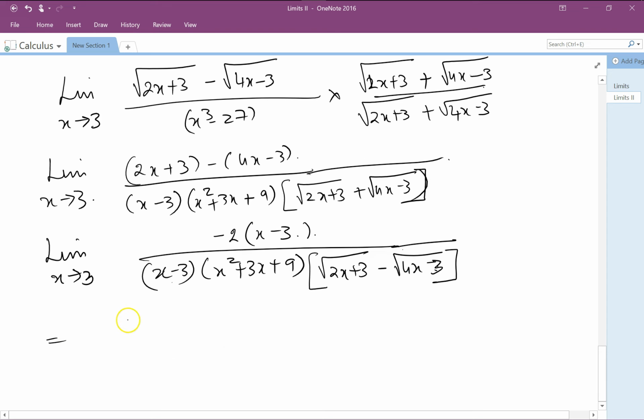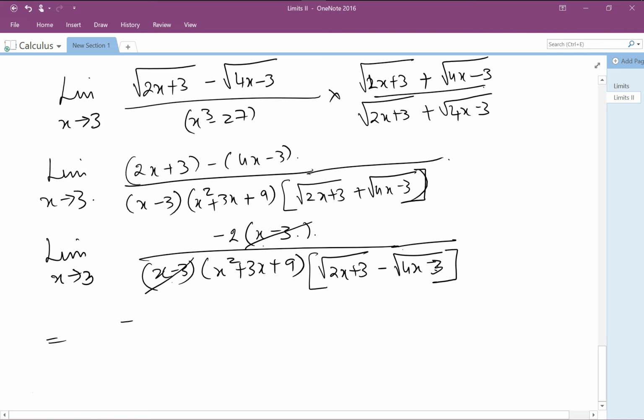So this will become equal to 2 times 3 minus 3, 0. So everything becomes 0. No, that should not be the case. x minus 3 gets cancelled.